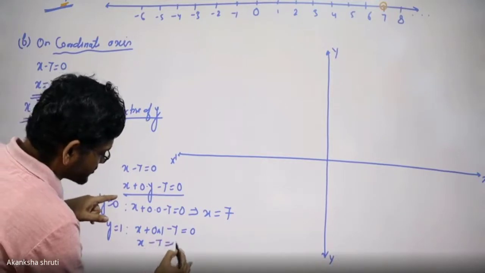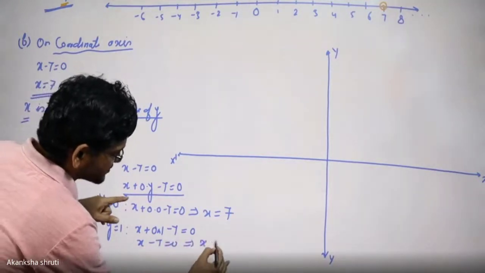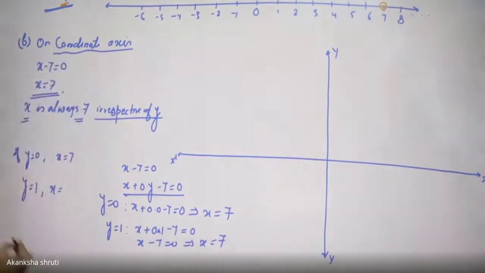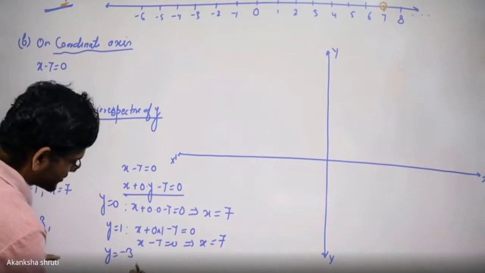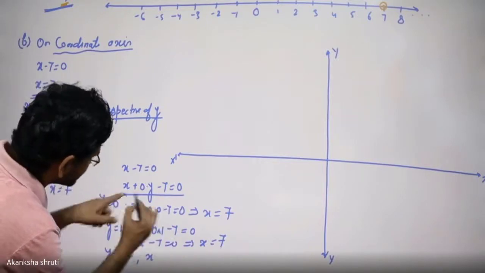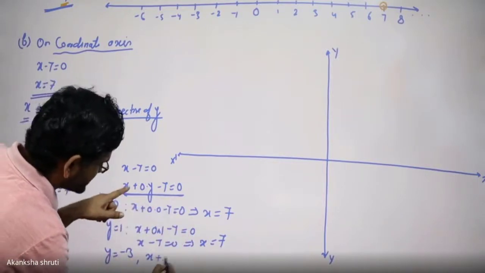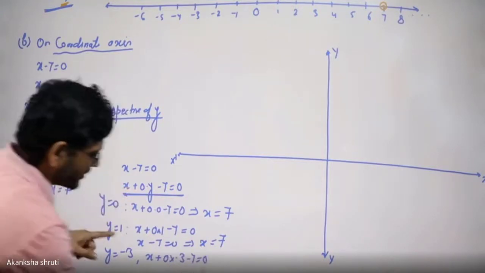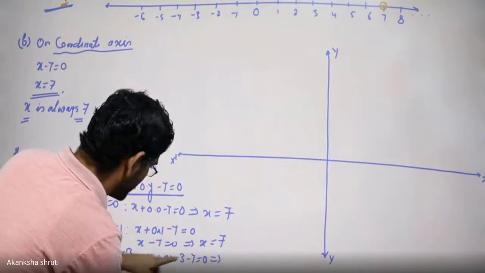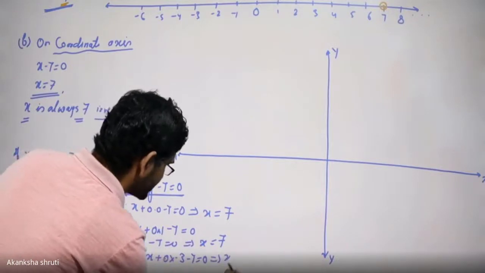Minus 7 is equal to 0. So x is still 7. Even if we take any value of y, say minus 3, what will it be? Substitute y as minus 3: x plus 0 into minus 3 minus 7 is equal to 0. Still 0 into minus 3 is 0, and x is equal to 7.